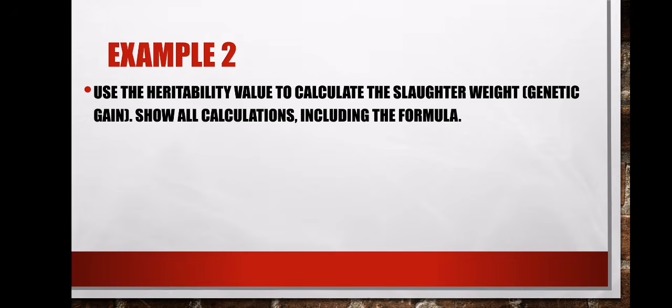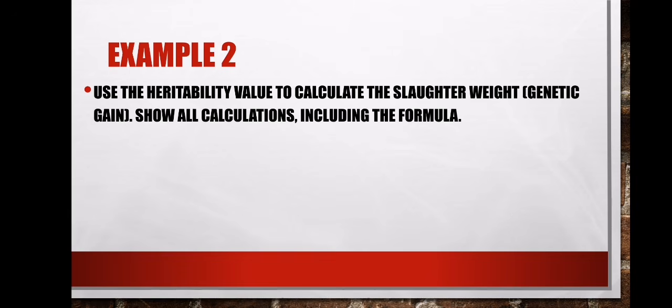Question number 1. Use the heritability value to calculate the slaughter weight genetic gain. Show all calculations including the formula. And they even tell you including the formula. Remember, I said there are two formulas. Formula number 1: weaning weight minus average weaning weight.